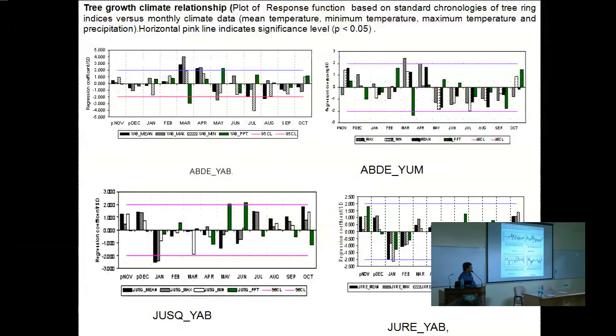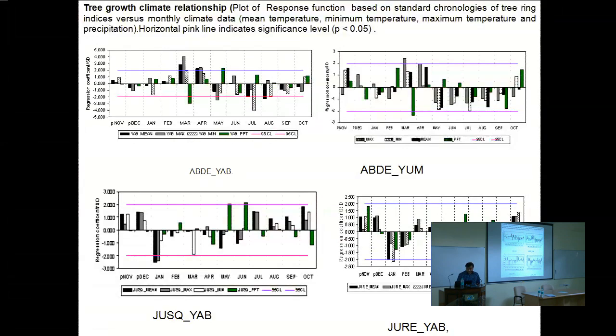What we have found is the maximum temperature for March and April at the tree line site, and this other site, Yamthang, from the same species, is also limited by the maximum temperature of March and April. So the maximum March-April temperature limits the growth of Abies densa at the tree line.